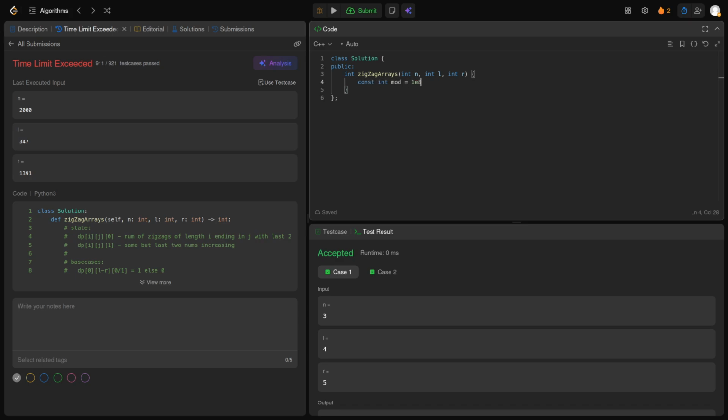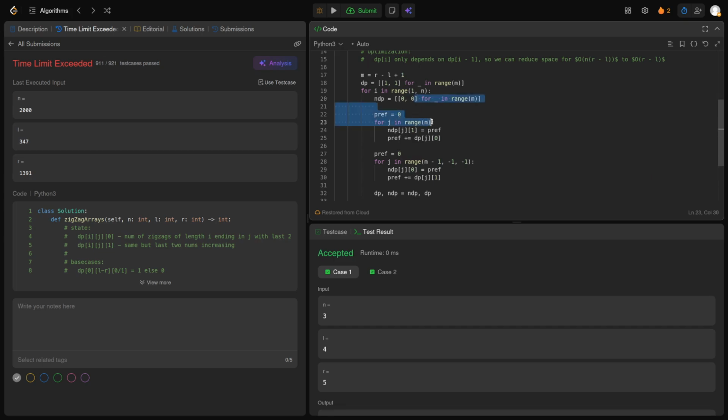Const in the mod. I know why. Because I have to mod throughout, numbers will get too big, and then ref plus this percentage mod.